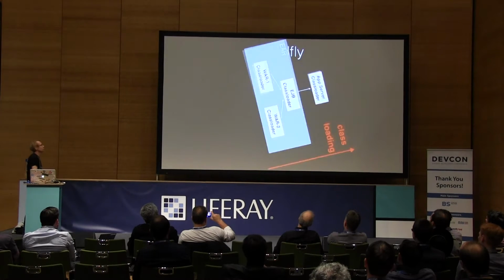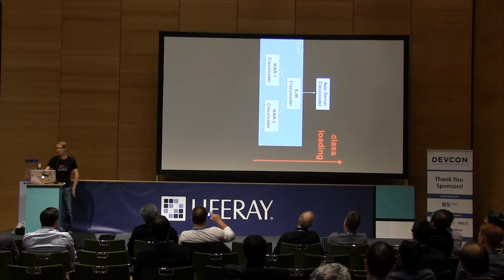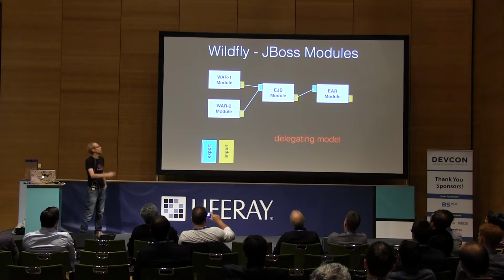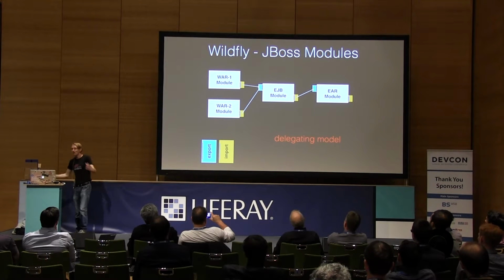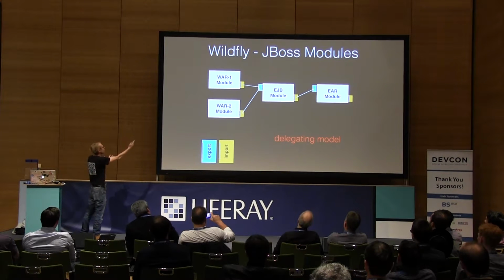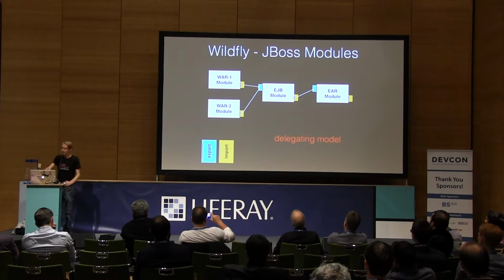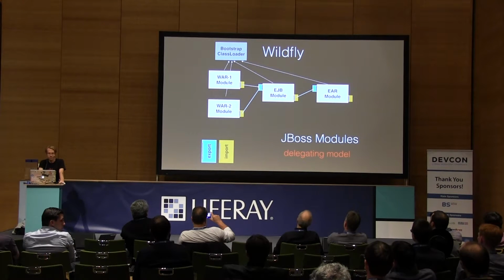What is WildFly doing? WildFly is rotating the whole stuff and says, hey, my war1, my war2, my EJB, my ERR, all this stuff, I'm putting it into modules. Yeah? And so we can say, yeah, we have clear dependencies. We have metadata which expresses who can see who.